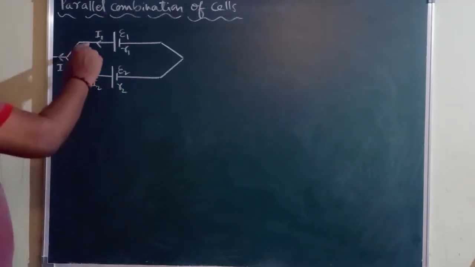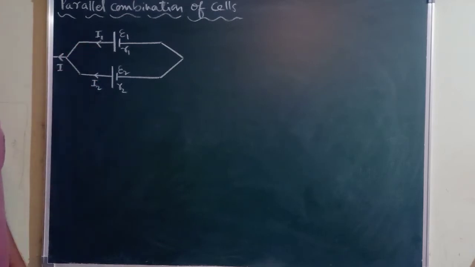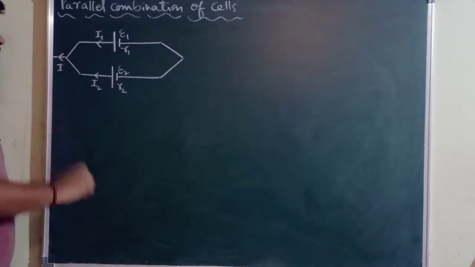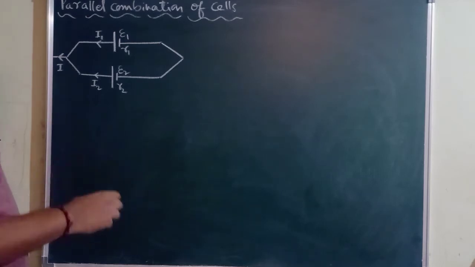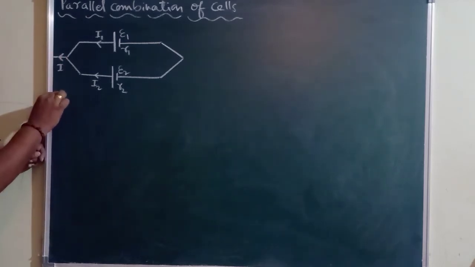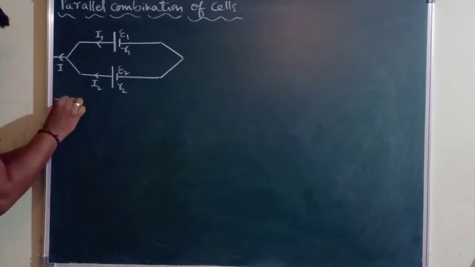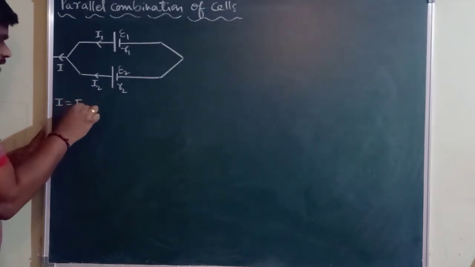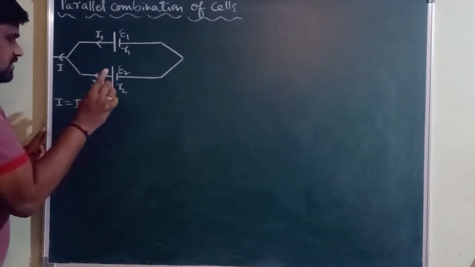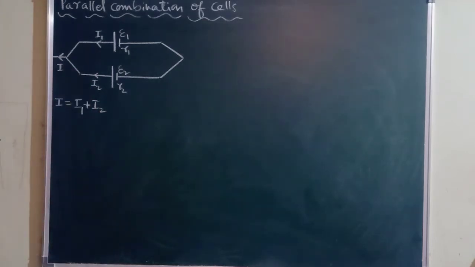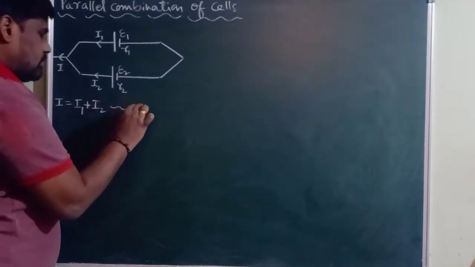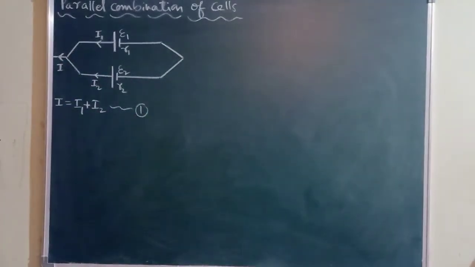This is the condition for the parallel combination of cells. I will call this equation number 1.